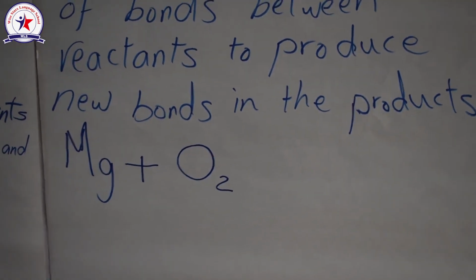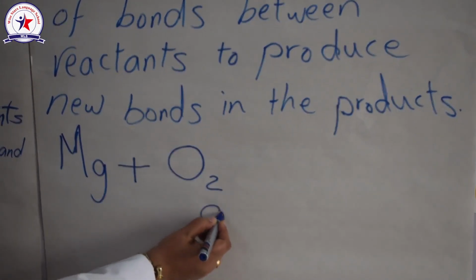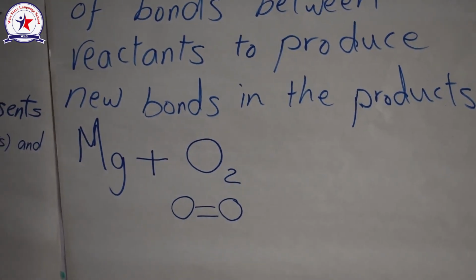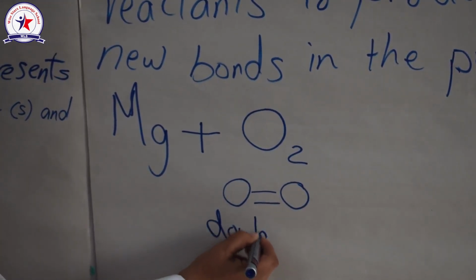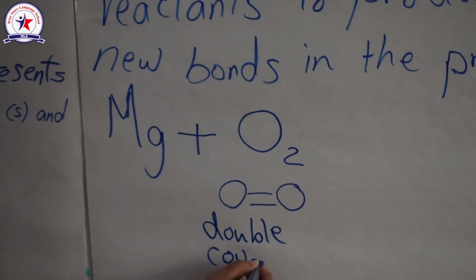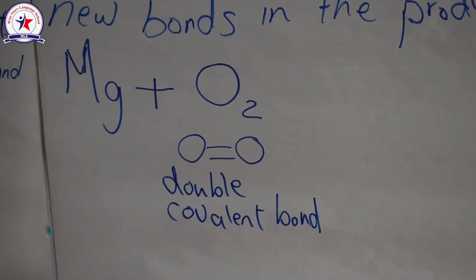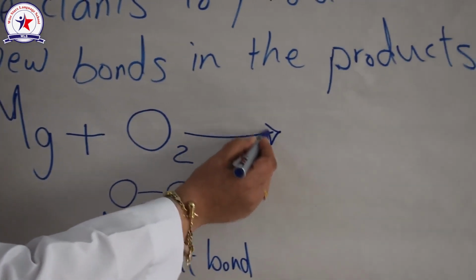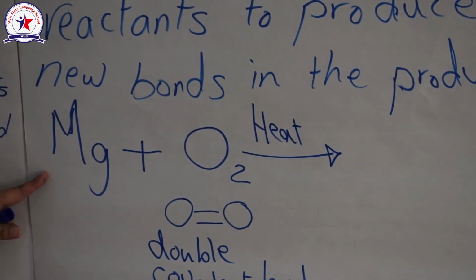Oxygen also is another element, but there is a bond between 2 oxygen atoms. This bond between the 2 oxygen atoms is a double covalent bond. And we said that this reaction never happens without heat. So heat is very important.